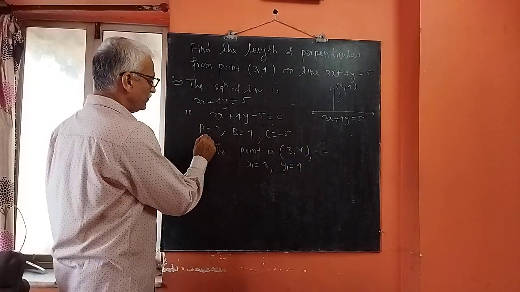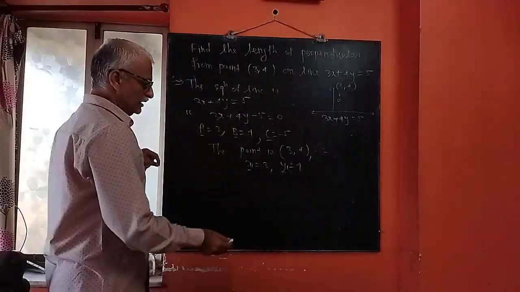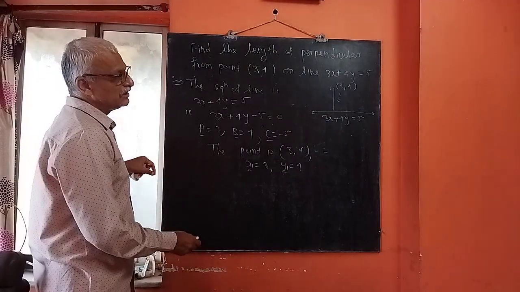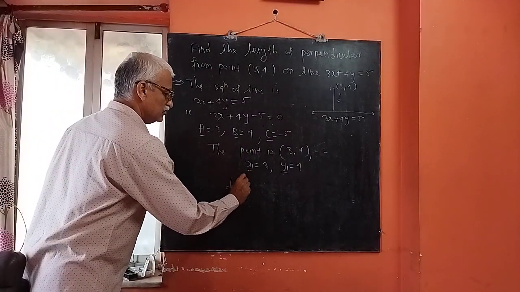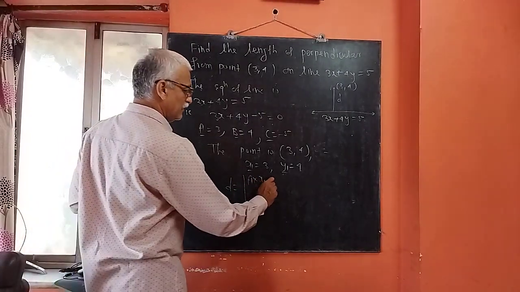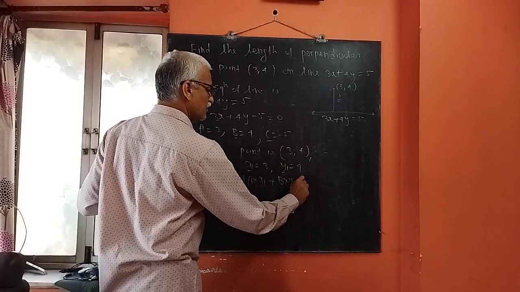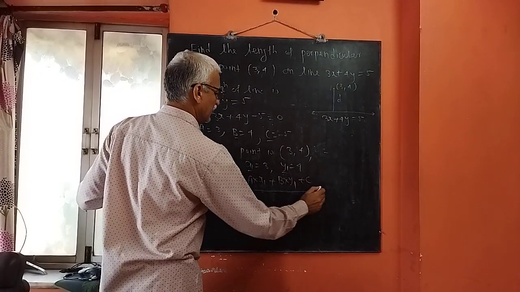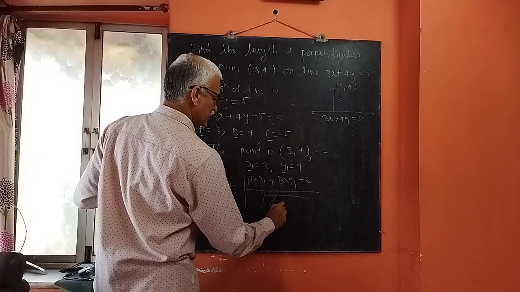Now we have the values of a, b, c, x1 and y1. Now write down the formula of distance between the point and a straight line. That is d equals mod of a into x1 plus b into y1 plus c divided by square root of a square plus b square.